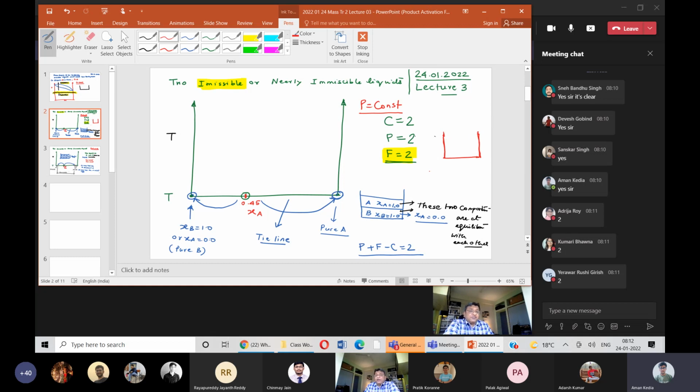What is going to happen? You are going to get 2 phases. They can be dispersed or they can be stratified. That's a different question we talked about in the previous class.